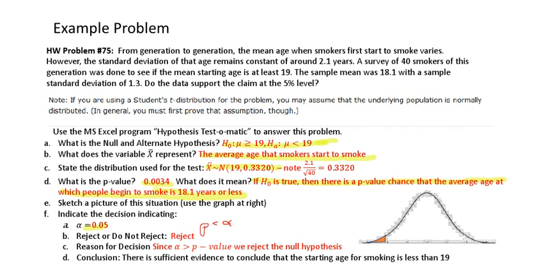Right? So alpha is greater than p, and we reject the null hypothesis. And what's more, we come to the conclusion that there is sufficient evidence to conclude that the starting age is less than 19, which is our alternate hypothesis.